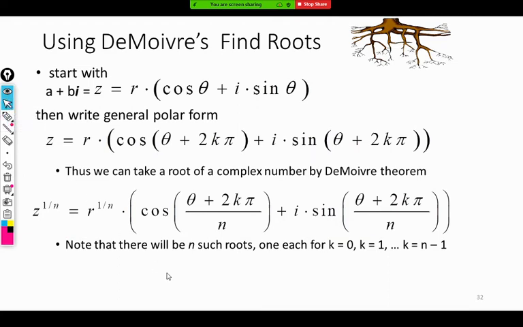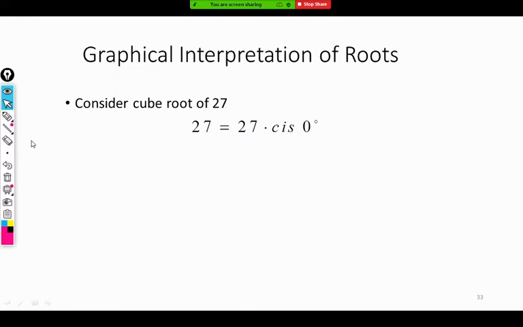Okay. So here is a first example. Let me see how to find the cube root of 27. Even though it is a real number, we already know we get the cube roots of a real number directly.